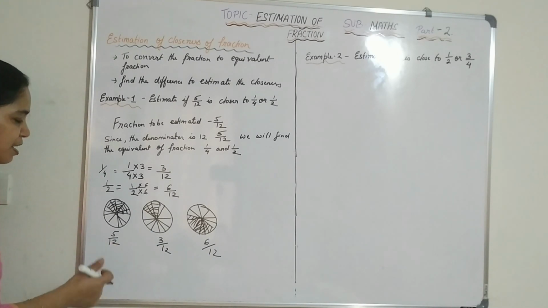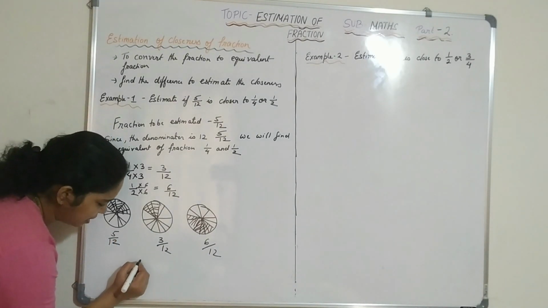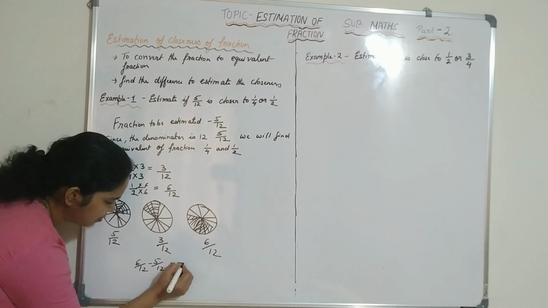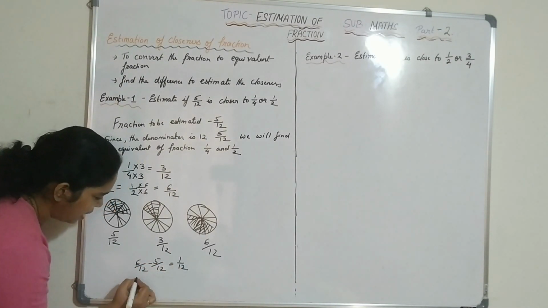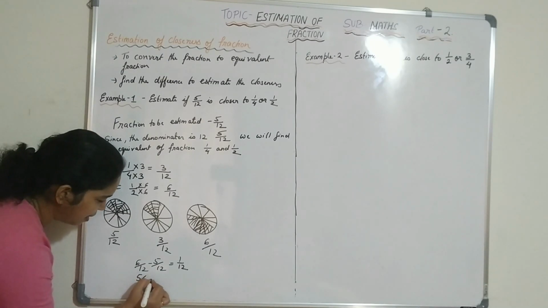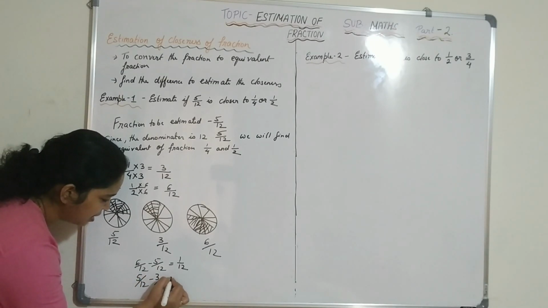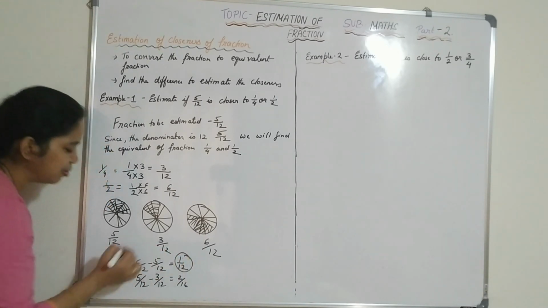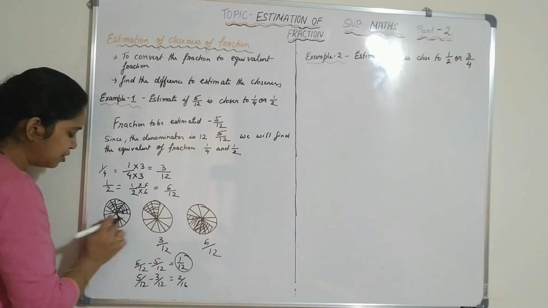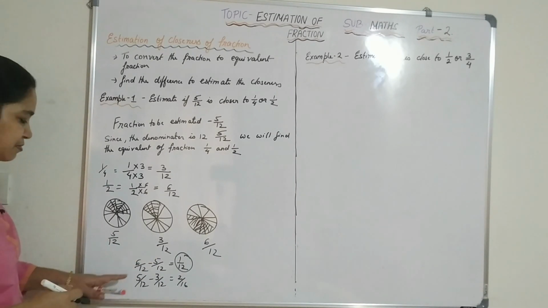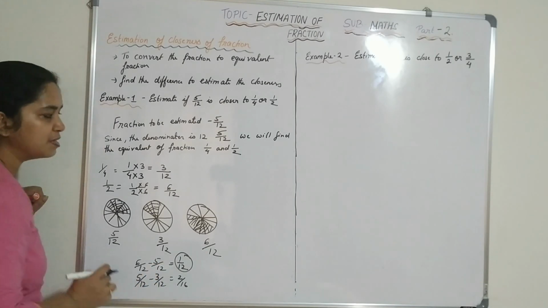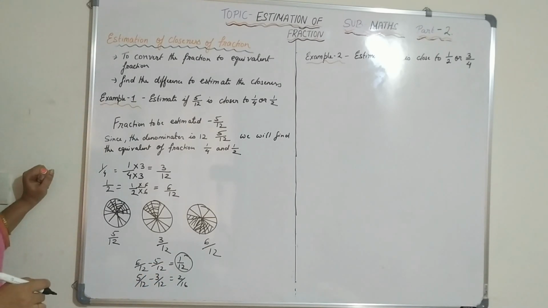You can also find the difference between the two. 6 by 12 minus 5 by 12 is equal to 1 by 12, and 5 by 12 minus 3 by 12 is 2 by 12. So 6 by 12 is more close to 5 by 12.